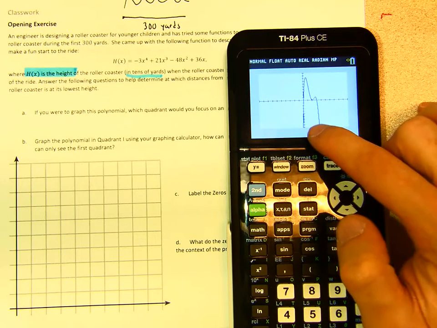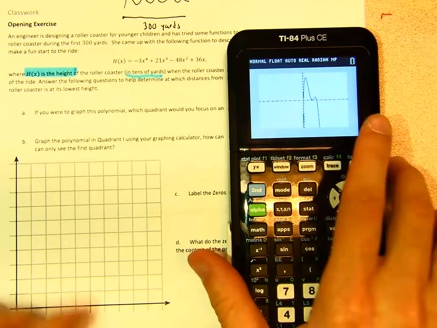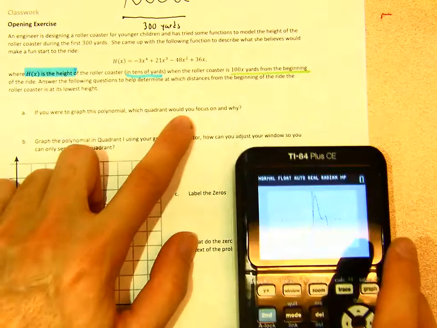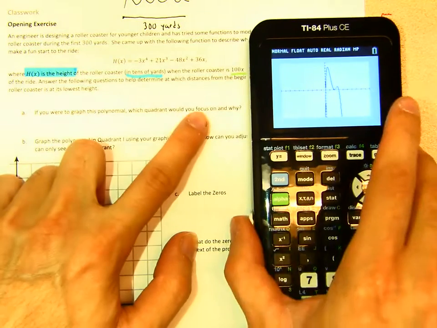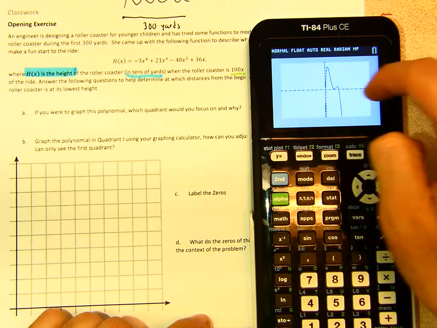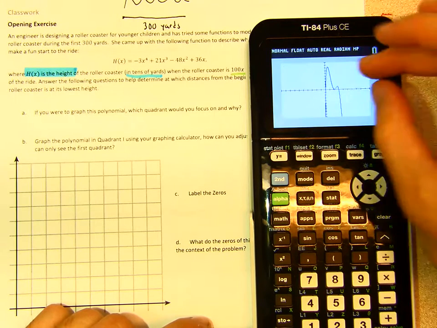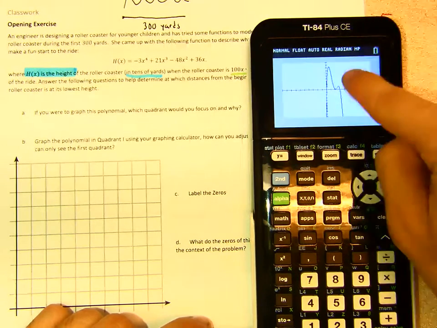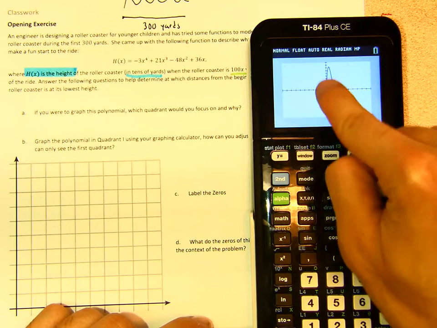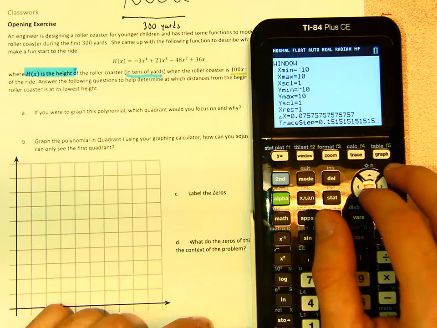Notice that it goes up, then down, then up, then down. But let's look at the question. It says, which quadrant would you focus on? If I'm thinking of a roller coaster, remember, this x-axis over here has to be the ground. So if this is the ground, I only want to focus on the top right area. If I just want to look at this graph over here, let's go to window and change the window.